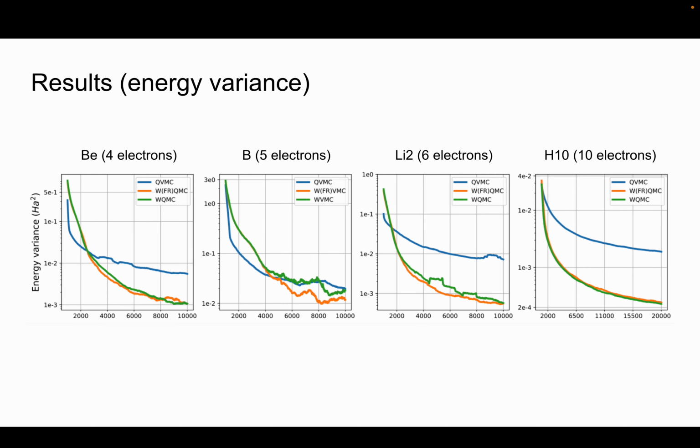To assess the convergence, we estimate the variance of the local energy, because for the ground state the local energy is constant, thus the variance has to be zero.